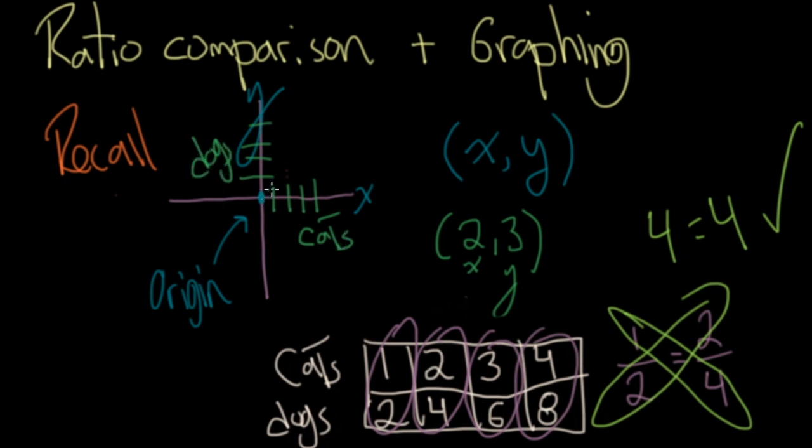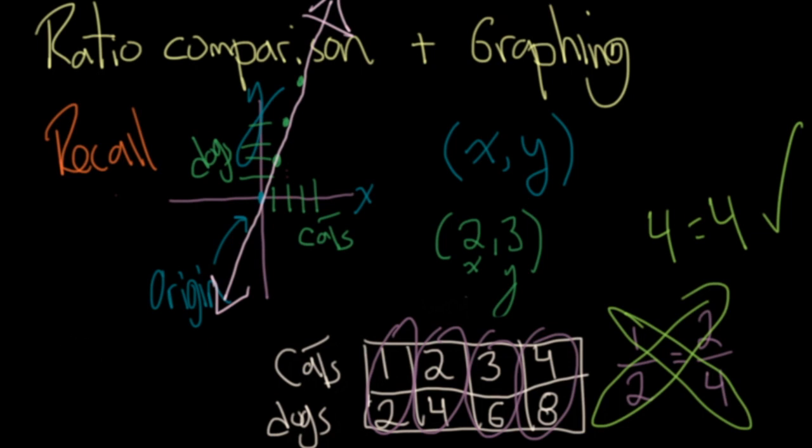So if I had to graph 1, 2, I would go 1, 2 right there, and 2, 4 would be up there. If I had a big graph, 3, 6 would be way up there. And you basically start getting a straight line, like this. So equivalent ratios basically will give you a nice straight line. And you can compare things.